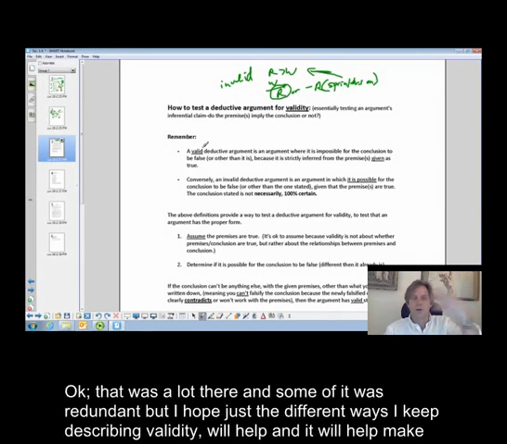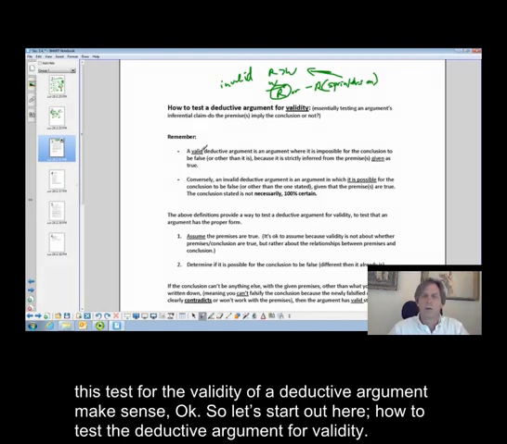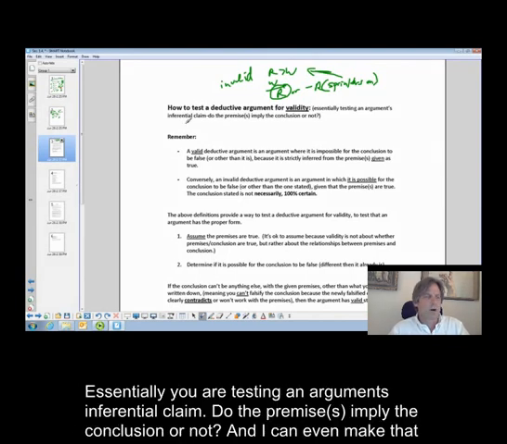Okay, that was a lot there, and some of it was redundant, but I hope just the different ways I keep describing validity will help make this test for the validity of a deductive argument make sense. Okay? So let's start here. How to test a deductive argument for validity. Essentially, you're testing an argument's inferential claim.